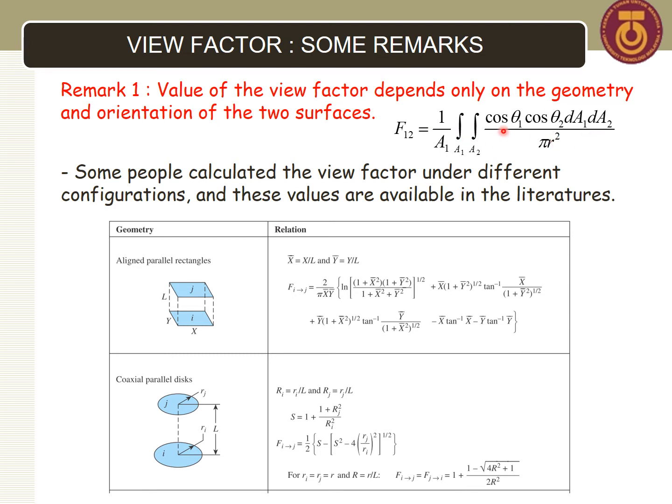But luckily, over the years, many people have calculated the view factor under different configurations, and all these values are available in the literature, meaning some people have done this work for us and published their results.